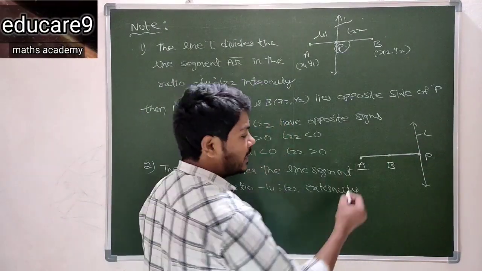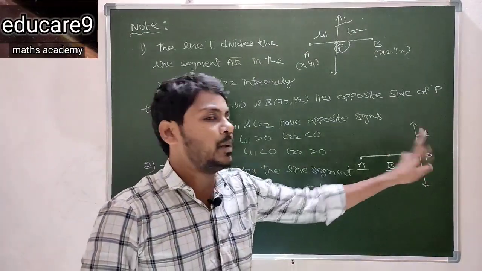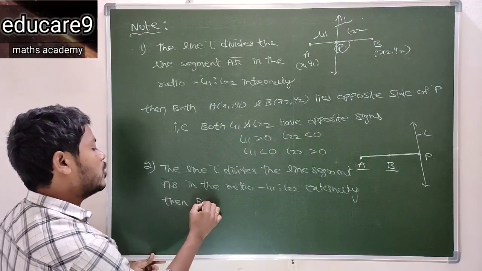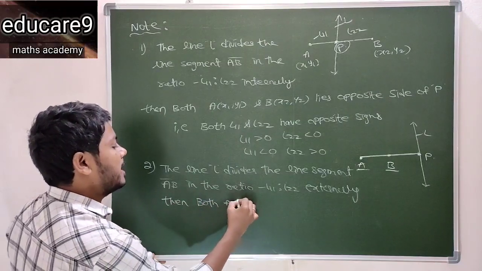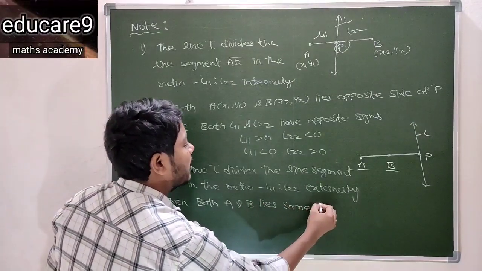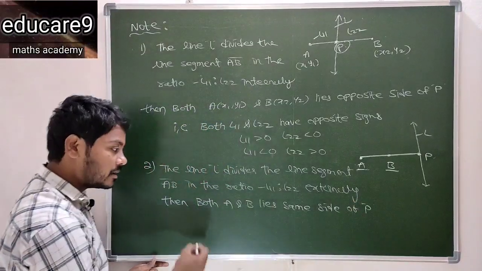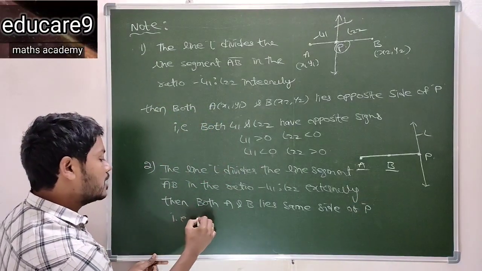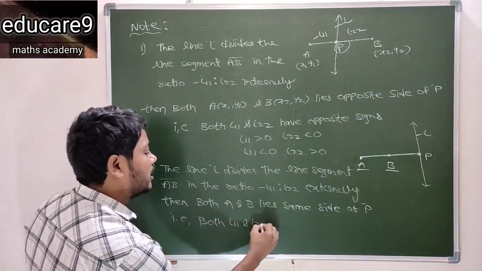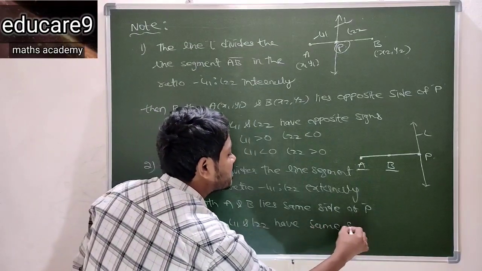Okay, so in that case both A and B lie on the same side of the point P. That means L11 and L22 have the same signs.